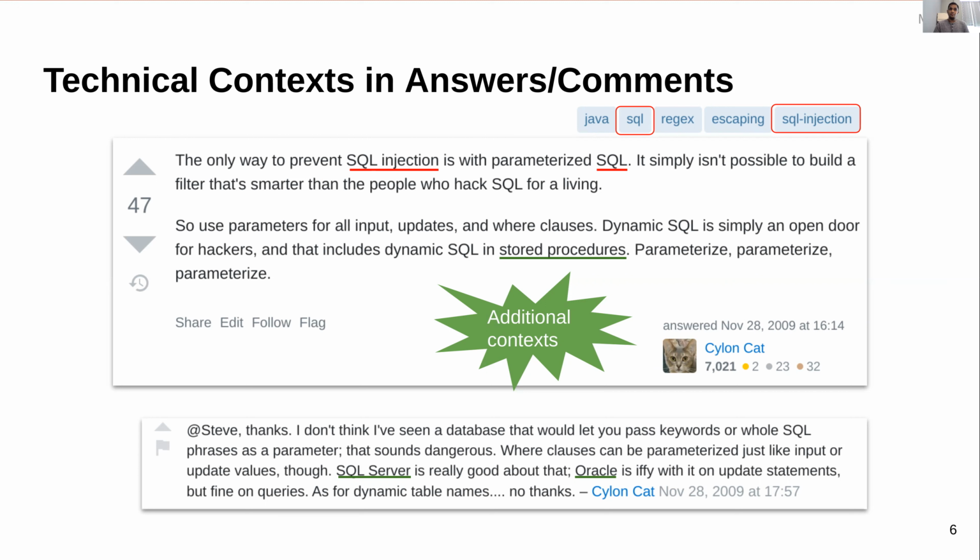However, additional context is a new phenomenon. Nobody has ever studied this before. Therefore, first of all, we have to manually go through Stack Overflow threads and verify this concept exists and determine which of the additional context could potentially serve as navigational cues.